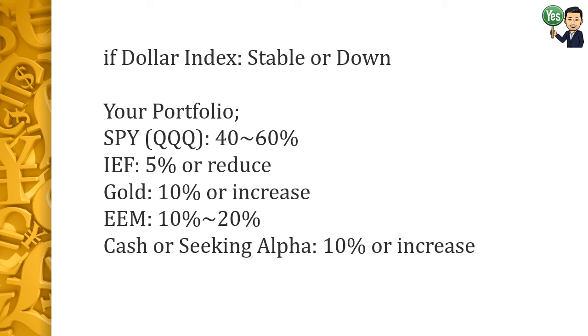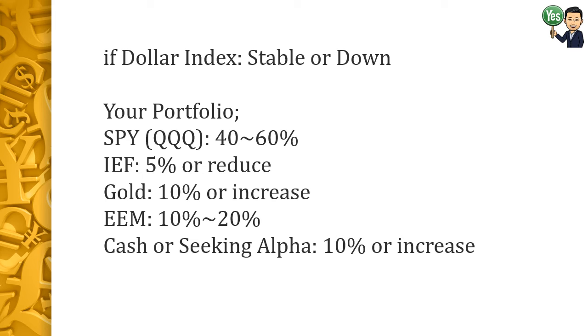And then IEF, which means the Treasury bond, I'm going to reduce to less than 5%, because when the market is stable and the interest is so low, it cannot go down anymore.